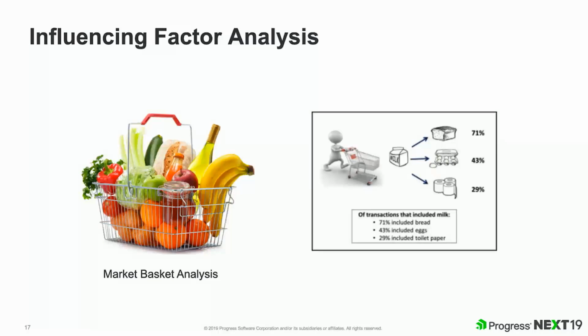People who bought milk have also added bread to their cart, and that's 71% of the time. People who bought milk have also added eggs to the cart, and that's 43%. So you'll have these kinds of rules come out from influencing factor analysis, saying that these combinations of things are occurring at this frequency.